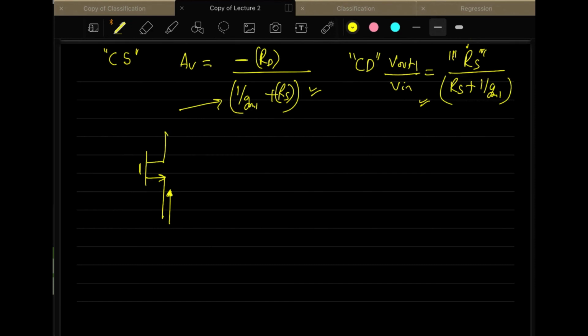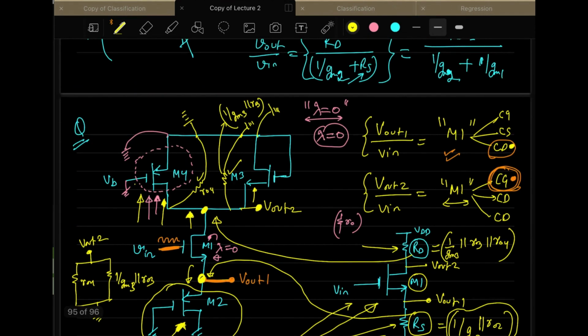Whenever you see in our analysis, whenever I am saying the value is 1 over gm, we are always looking from the source. But in this particular case, it's M4 and it's a PMOS device, and you are actually looking from the drain of the MOSFET M4, so you cannot write 1 over gm4 here. Okay. Yes, sir.